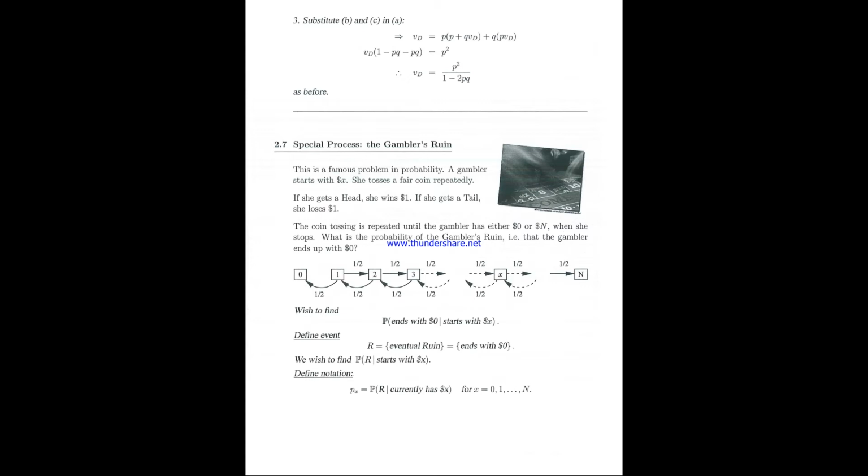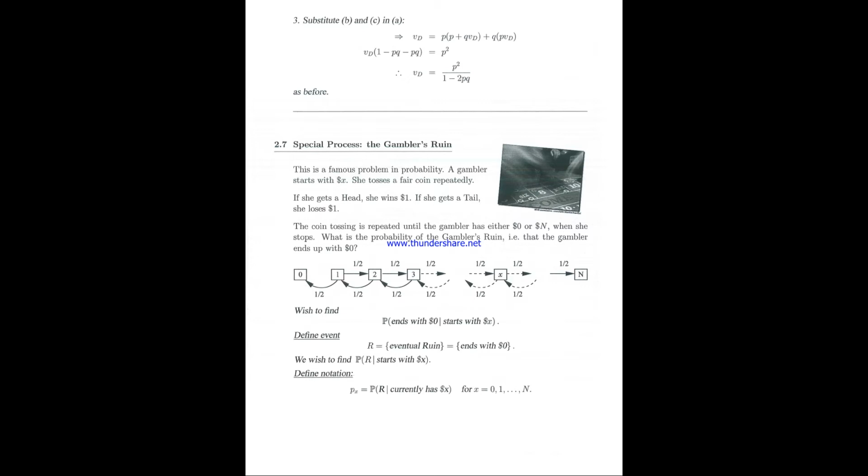So if I just recall what we discussed in our previous lecture. When it comes to the first step analysis in gambler's ruin, the problem that we discussed was you are going to start with X amount of money and toss a coin. If you receive a head, you will win the game and you will receive another $1.